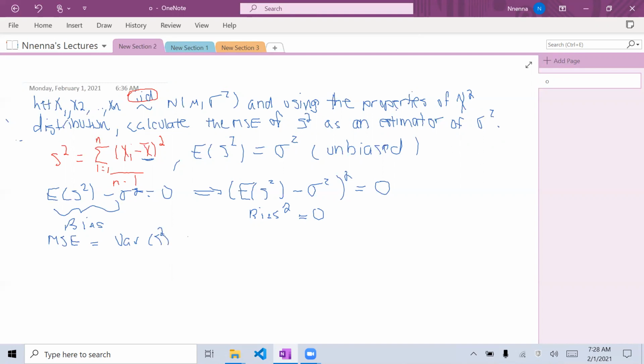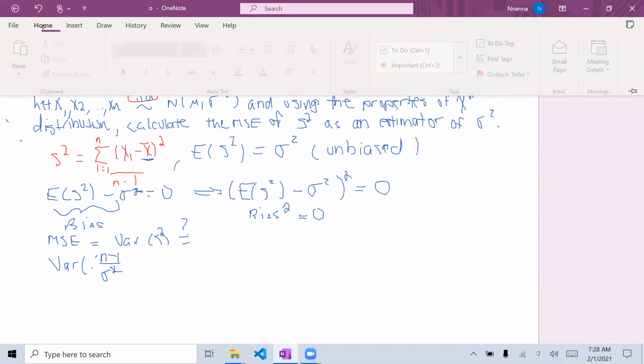Let's pause for a second and make a note here of the variance of something I do know, which is something I can express as a chi-square. So I know that n minus 1 over sigma squared, let's make this a bit better.